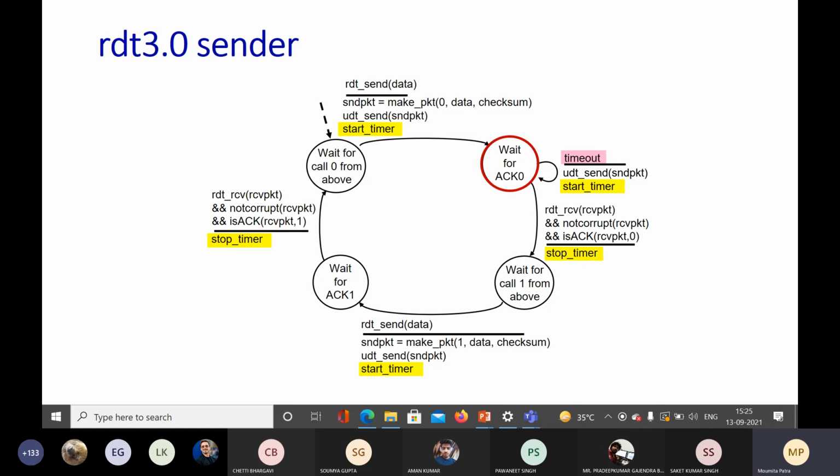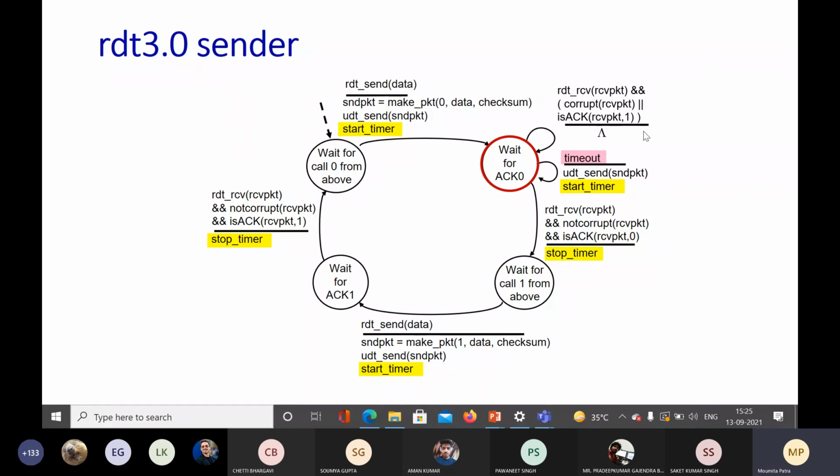So it simply saw that there is a timeout, and the action it will take is to retransmit the packet. It retransmitted the same packet with sequence number 0, started the timer again, and waited in the same state for the acknowledgement. Okay, so this is what is going to happen at this point.